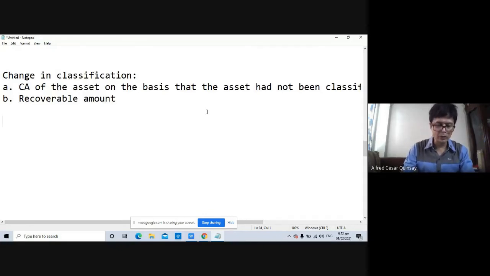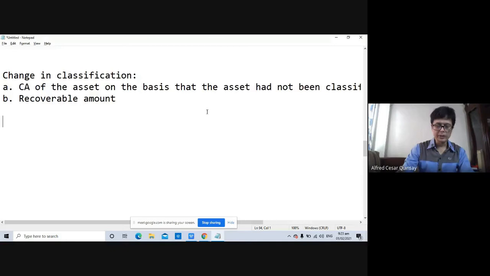On December 31, 2022, the entity believed that the criteria for classification as held for sale can no longer be met. So they no longer sold it; there was a change of classification. Accordingly, the entity decided not to sell the asset but to continue to use it, because they saw that the value of the equipment increased.